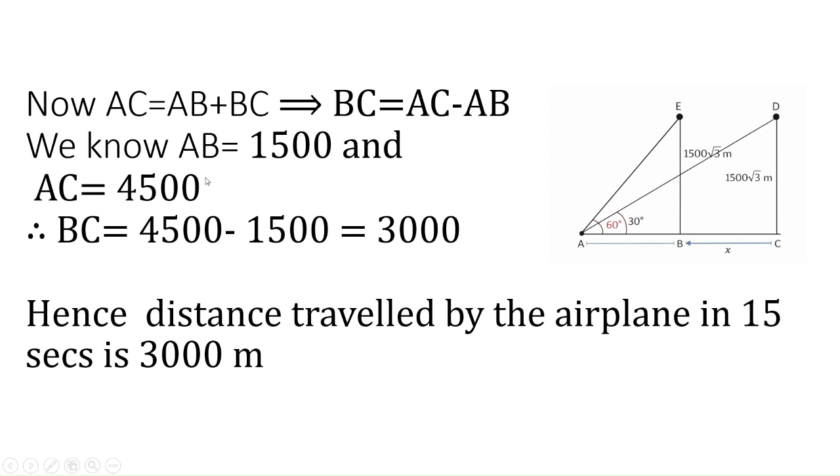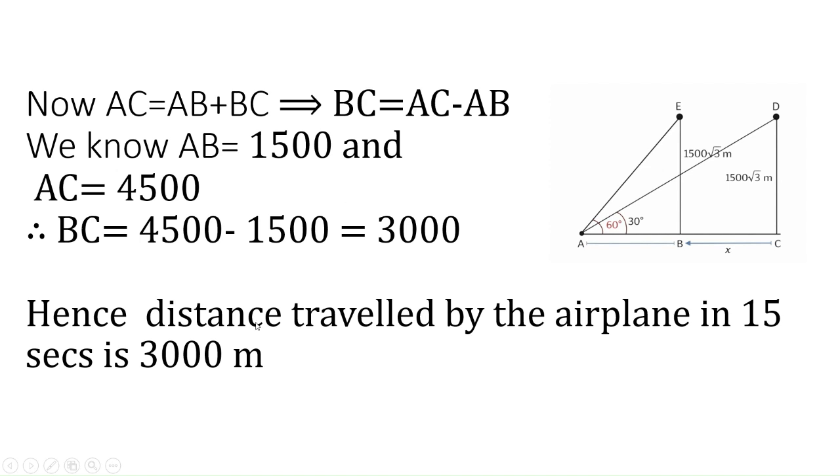We know AB is equal to 1500 and AC is equal to 4500, which we found using the angles of elevation, 60 degrees and 30 degrees. So BC becomes 4500 minus 1500, which is equal to 3000.